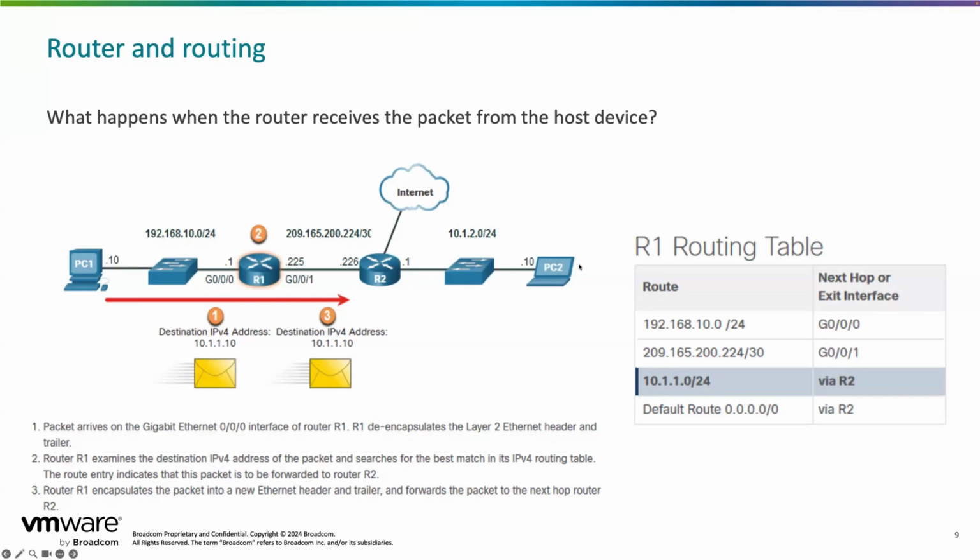Because the destination is on its directly connected link, R2 just sends out the packet directly to the destination, which is PC2.